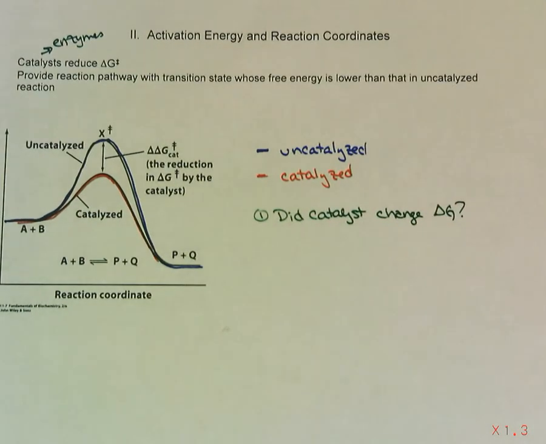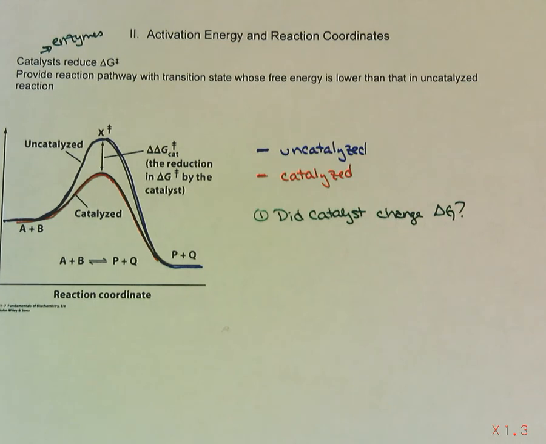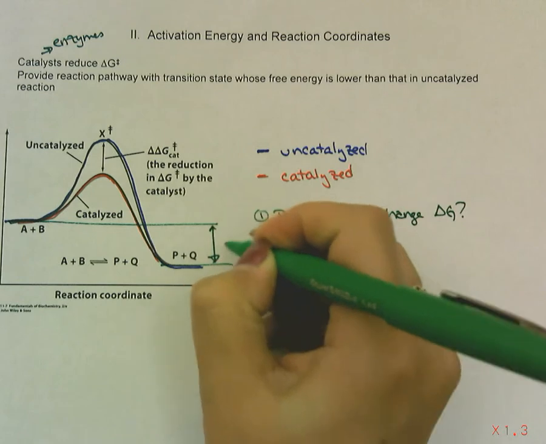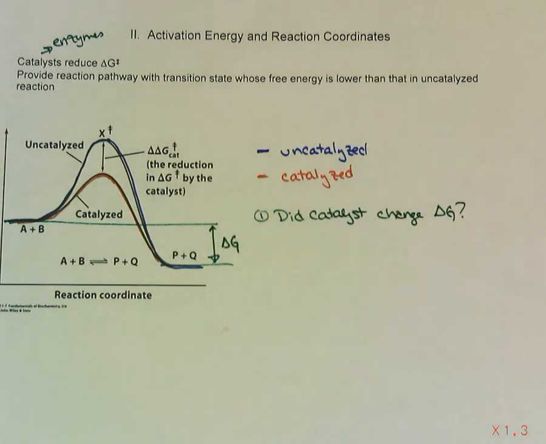Did adding a catalyst change my delta G? How do I measure just flat out delta G? Products to reactants, right? Did it make any difference if I went through the catalyzed version of this or the uncatalyzed?